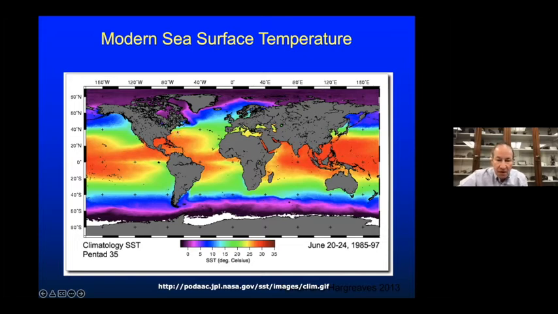And here we see some reach of milder waters that move up toward the coast of Norway and along Europe. And this is what Mike was alluding to before about ocean circulation. But the big pattern is that there's warmth near the tropics and cold near the poles.